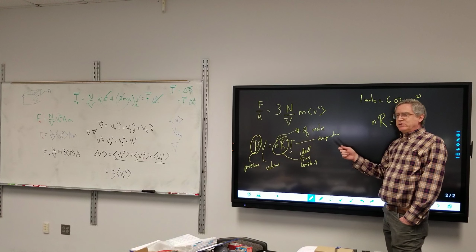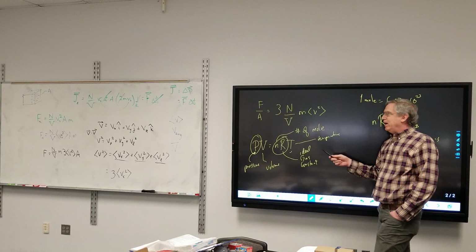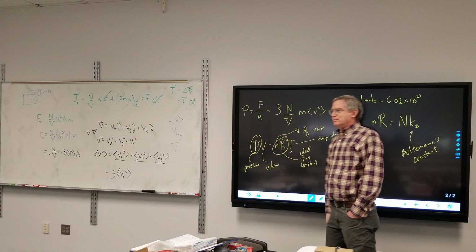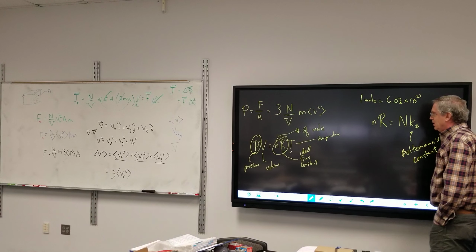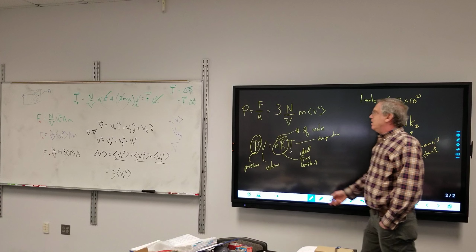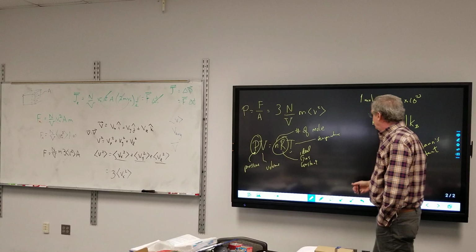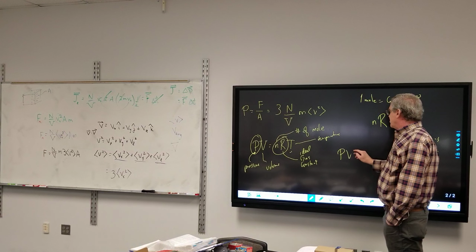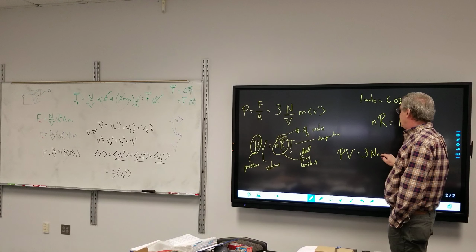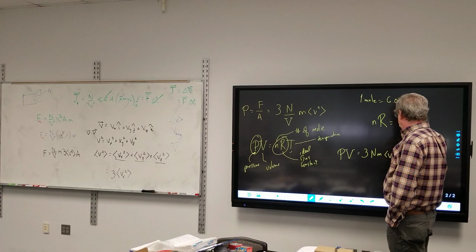So it deals with the final force that's being applied and the area over which it is being applied. In other words, force divided by area is just pressure. So if I take my equation right here and multiply both sides by the volume, on the left-hand side I get pressure times volume, and on the right-hand side I get 3 N m V squared.